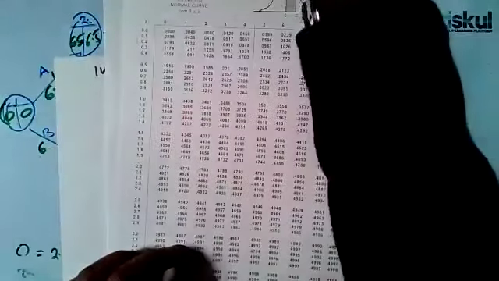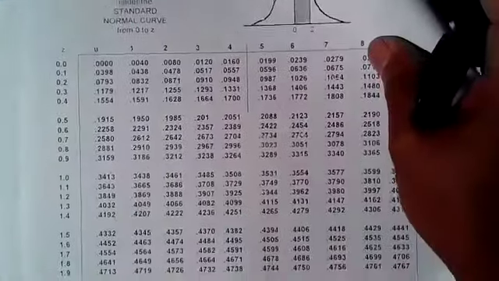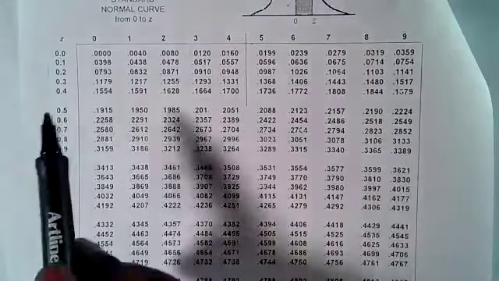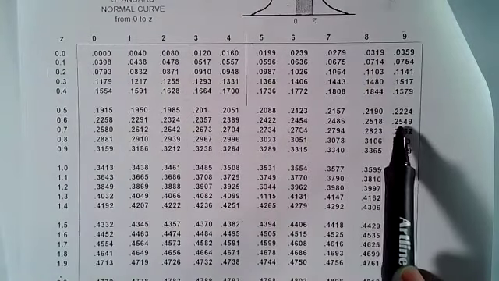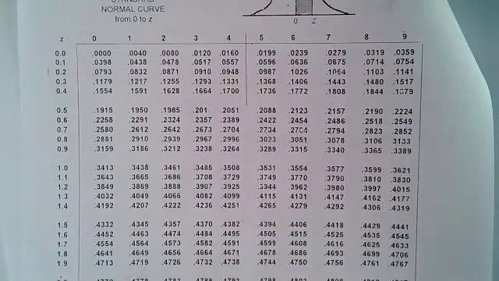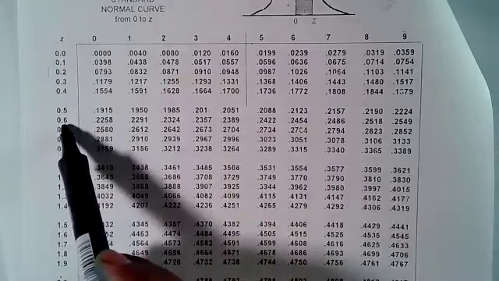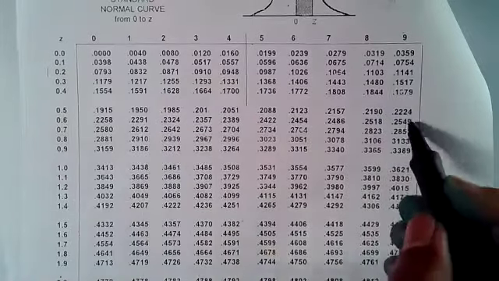So you come to 0.6, and the 9 should always be in two decimal places. So it's 0.2549.